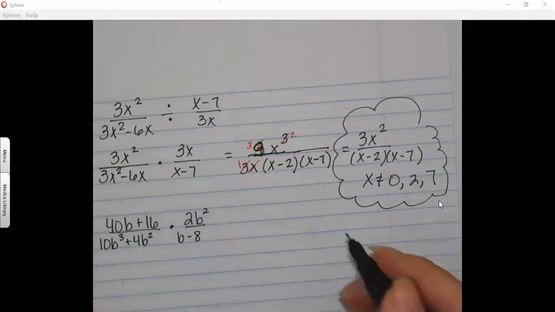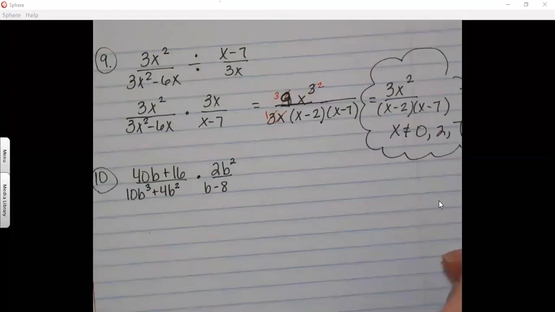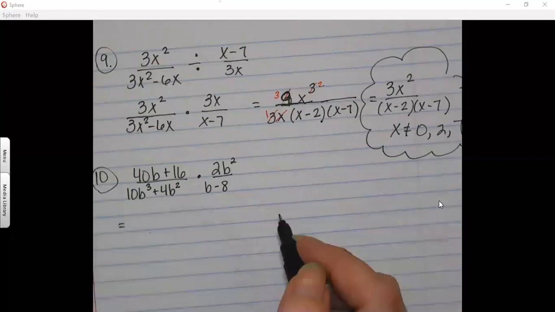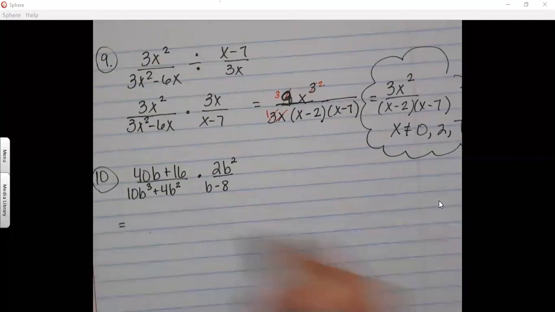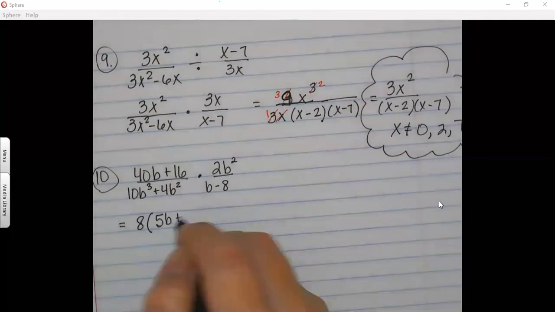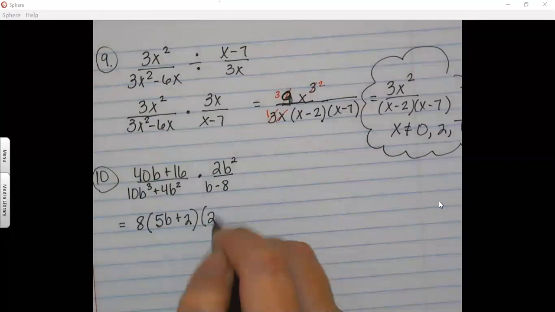No. Okay. 40b plus 16, I have a greatest common factor of what? 8. 4 is a common factor, but your greatest is 8, right? So if I only factored out a 4, I would still have a common factor in my parentheses. So if I divide out 8, I'm left with 5b plus 2 times 2b squared. When I multiply fractions, multiply numerator times numerator.